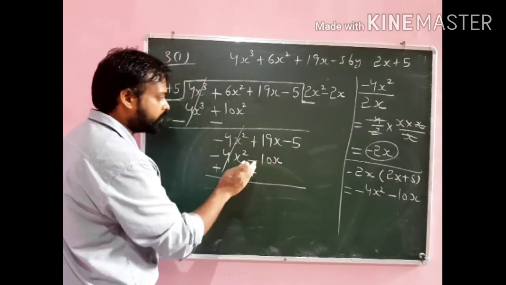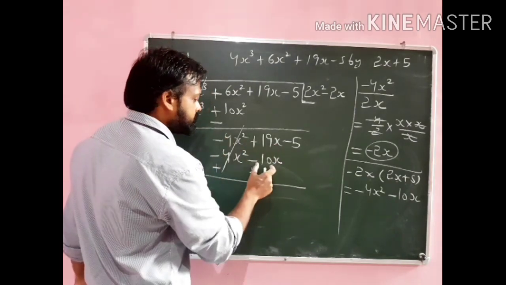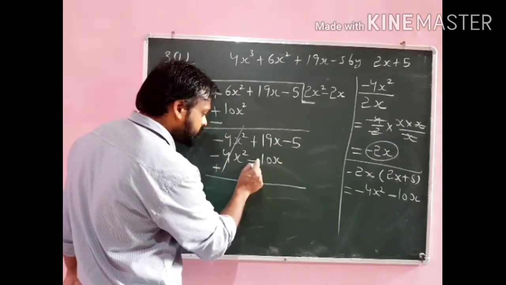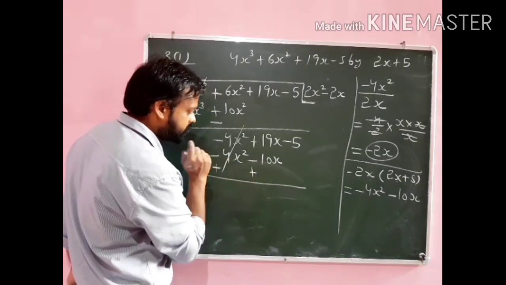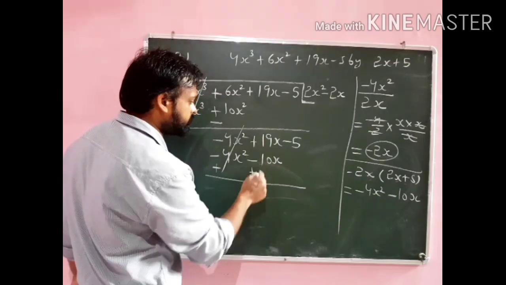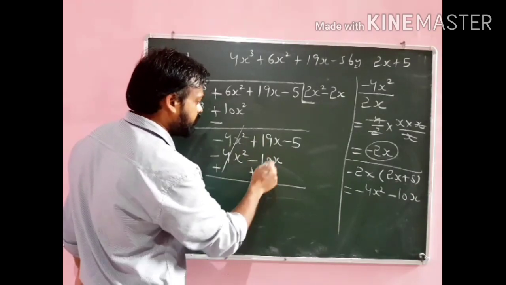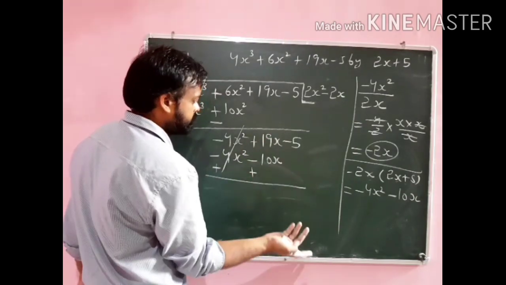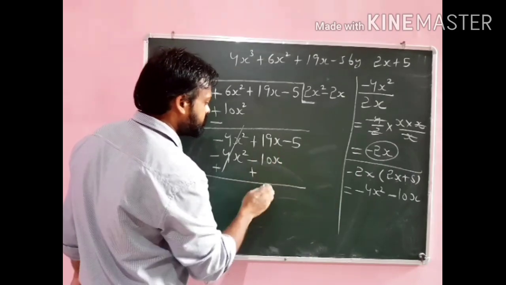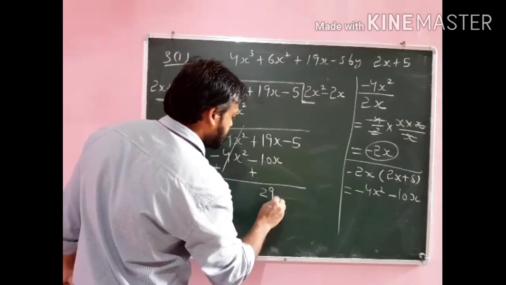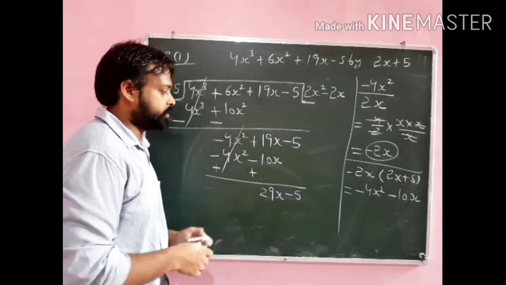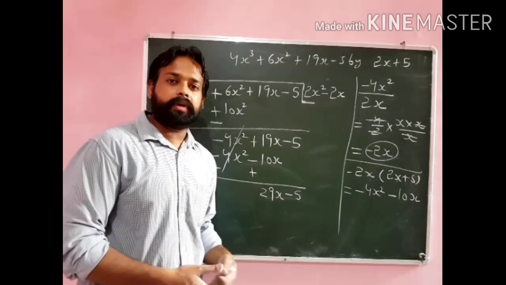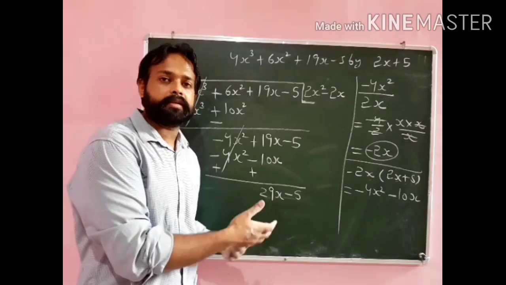And you can see now plus 19x and also plus 10x, because there is no negative sign here. Now the sign is here, that is plus. So both terms are of a positive sign. So now add the terms, plus plus plus, obvious. So 10 plus 19 becomes 29x, and then this minus 5 also as it is. So in this way we have solved the second step.